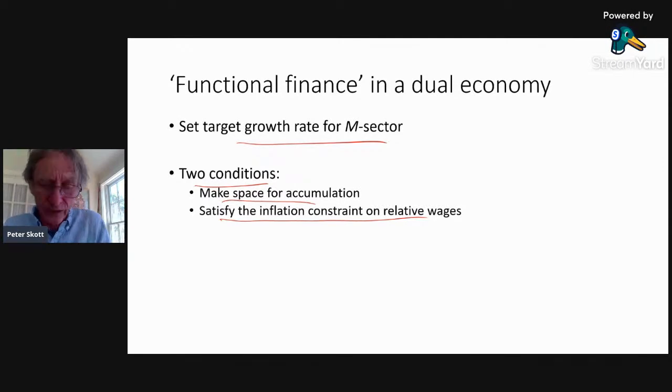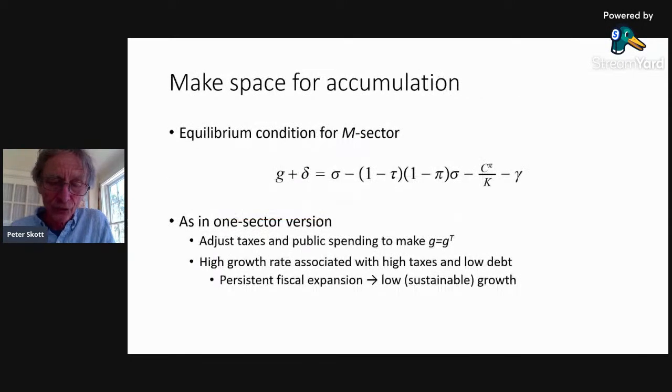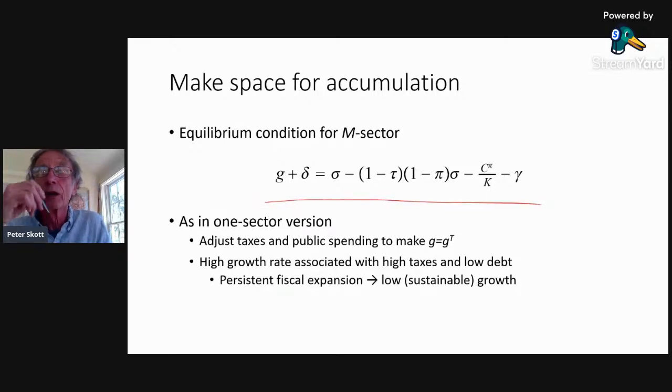You need to think of the inflation constraint, and that should factor into your economic policy. Making space for accumulation is exactly the same as what I talked about in the one sector framework. There's no change in this. So if we fixed our target growth rate, we have our output capital ratio in the modern sector, and then we have gamma.